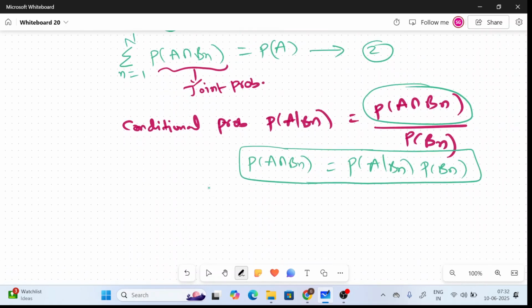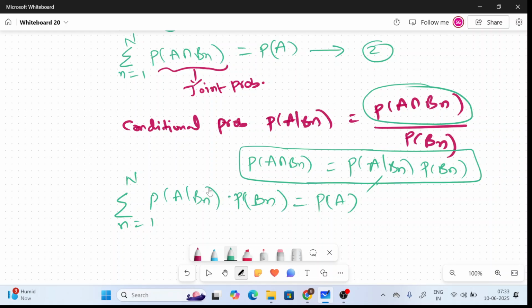We are going to get the summation n is equal to 1 to capital N of P of A given Bn into P of Bn, which is nothing but P of A. This is the total probability of A.